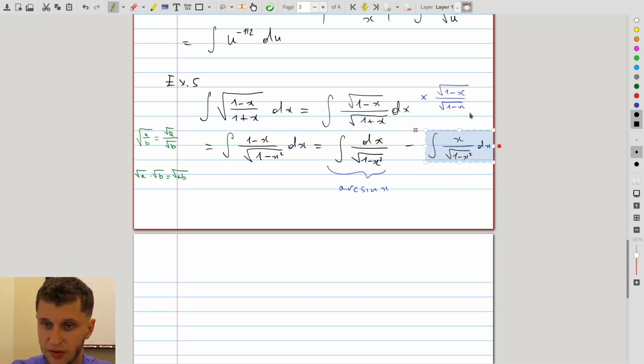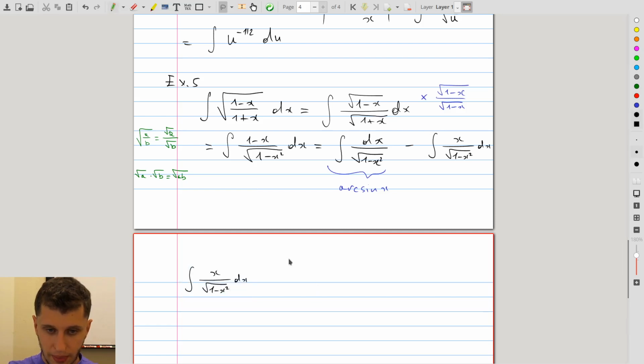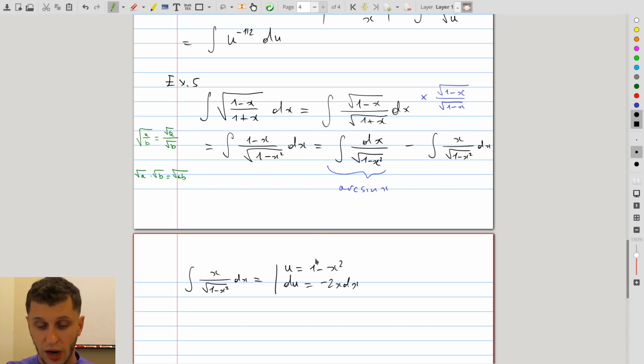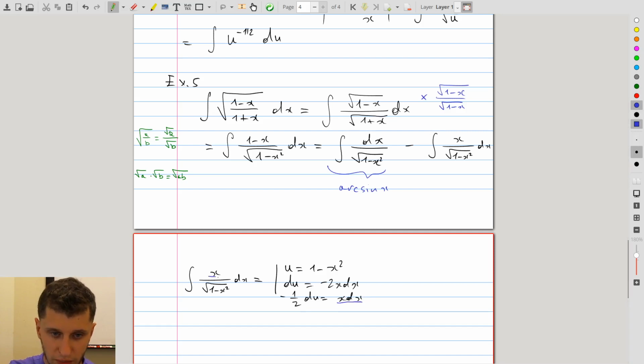Let me take this integral and look at it separately. Using u equal to 1 minus x squared, I'll have du equal to minus 2x dx, negative 1/2 of which is precisely x dx. So this is the factor I have in my numerator.